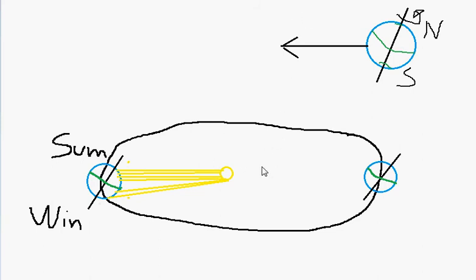Let's go back to this line here. 6 months later, look at that. The rays of the Sun are much more perpendicular to the southern hemisphere of the Earth. There's much more sun in the southern hemisphere, but instead, when we go to the northern hemisphere, see, the sun is not very straight.